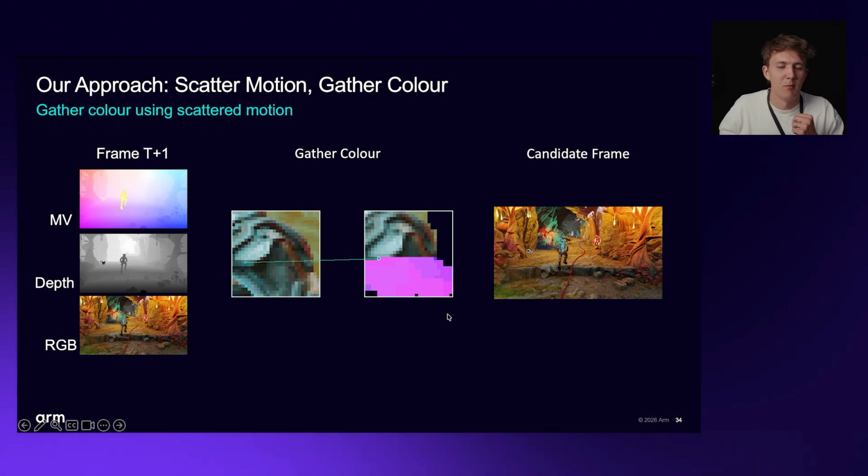Gathers are much cheaper. You don't need to do an atomic. It's effectively just a texture sample, which makes use of hardware acceleration, which means that it's much cheaper, and we can do this at full resolution without it costing too much. And these three steps, scatter motion, hole fill, gather color, result in our candidate frame, which again is a frame warped and aligned to the intermediate time step.